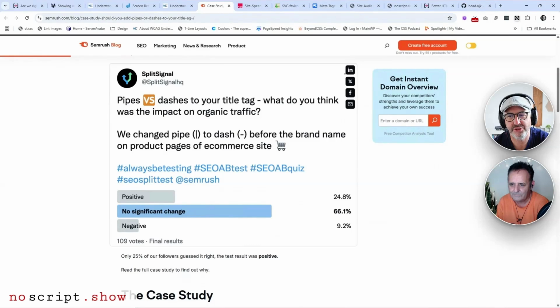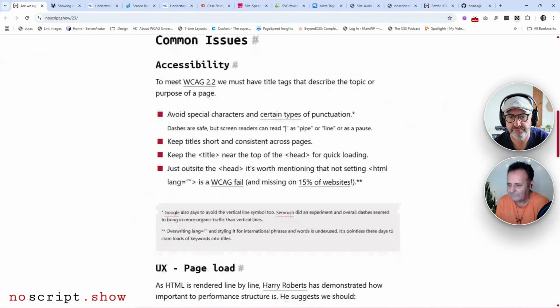Isn't that interesting? So not only is it not recommended for the accessibility side of things, but it also appears that Google et al. are giving it some negative weight. I don't know why it would change things. It must be a visual thing. Perhaps people can read dashes. It makes more sense. I don't know. But anyway, according to their research, there's another benefit to doing that.